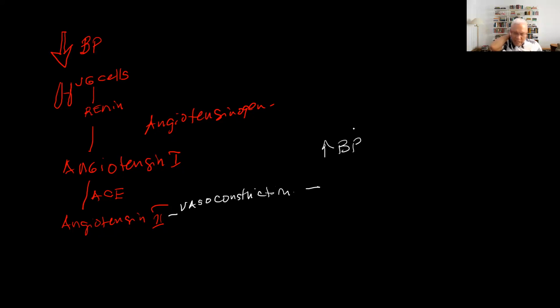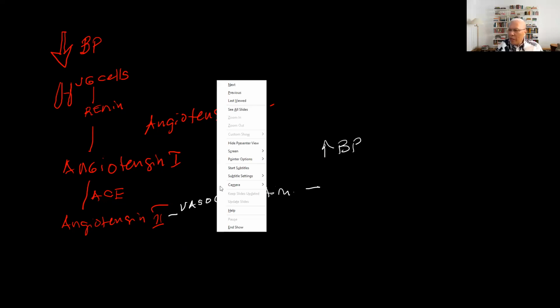So the initial decrease in blood pressure is now going to be solved by the release of renin, angiotensin, and aldosterone. In addition to that, the presence of angiotensin 2 will stimulate the adrenal cortex.